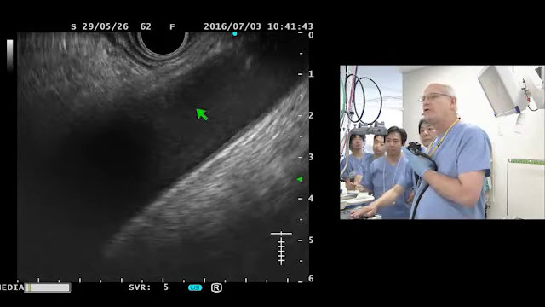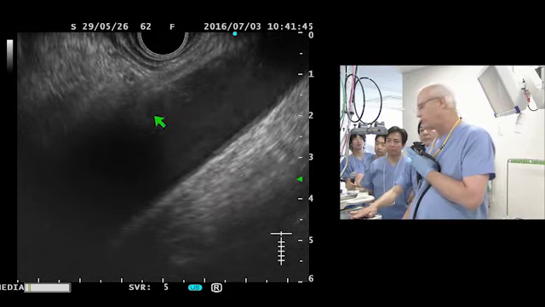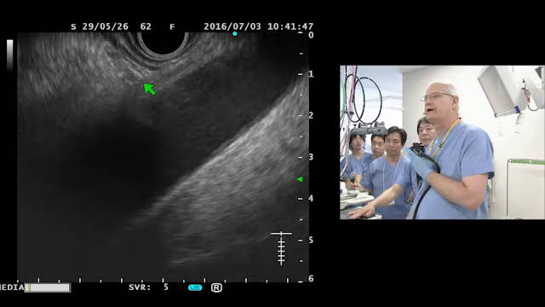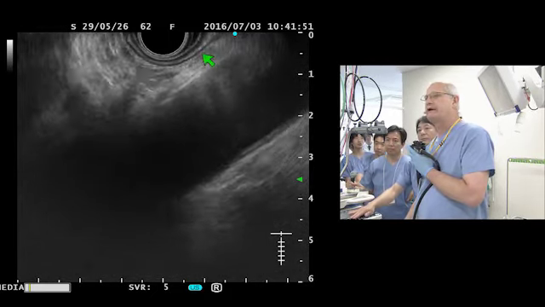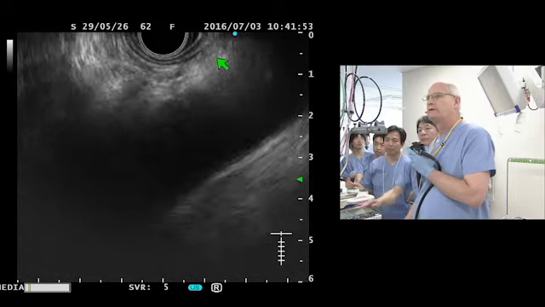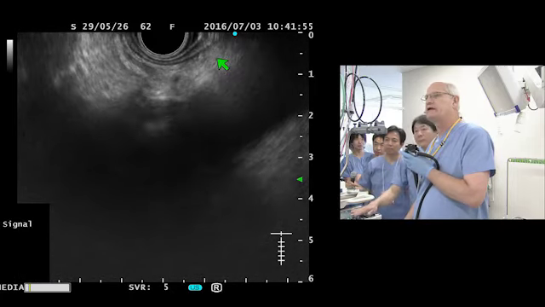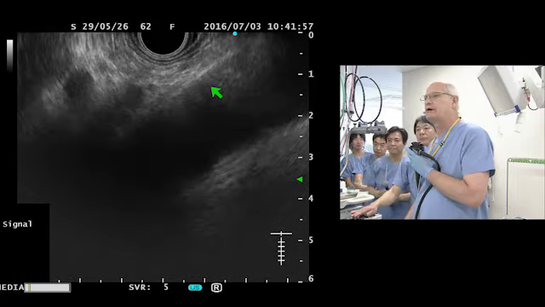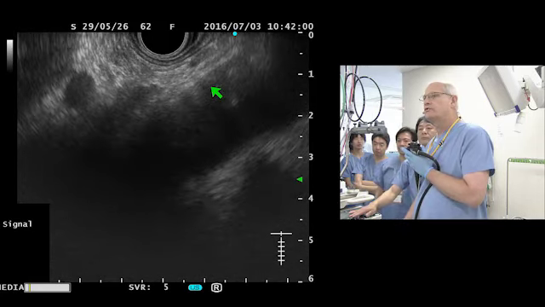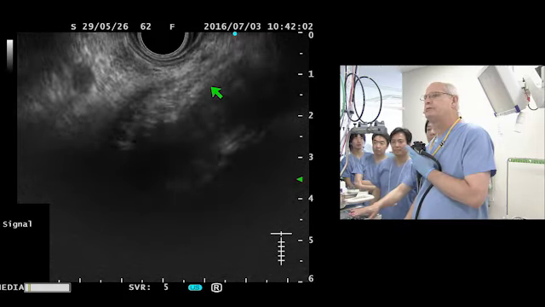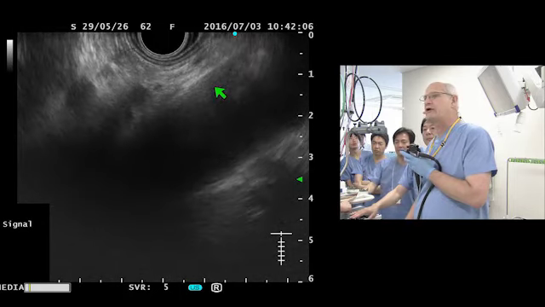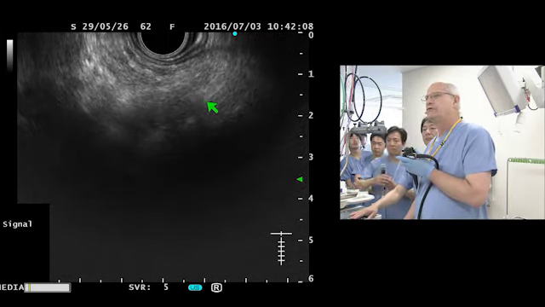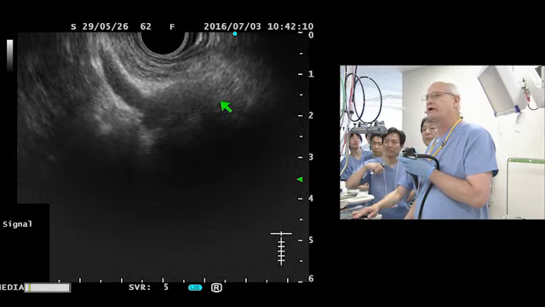And between the aorta and the transducer will be the crura of the diaphragm. So once you see the crura of the diaphragm, I advance the scope and I torque gently clockwise and counterclockwise. When the crura of the diaphragm disappears, you should begin looking for the takeoff of the celiac artery. So here is the takeoff of the celiac artery.